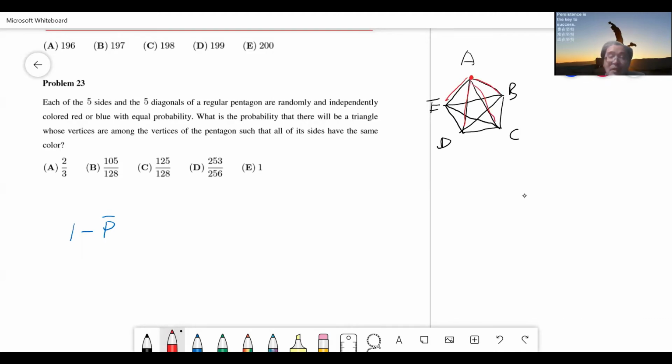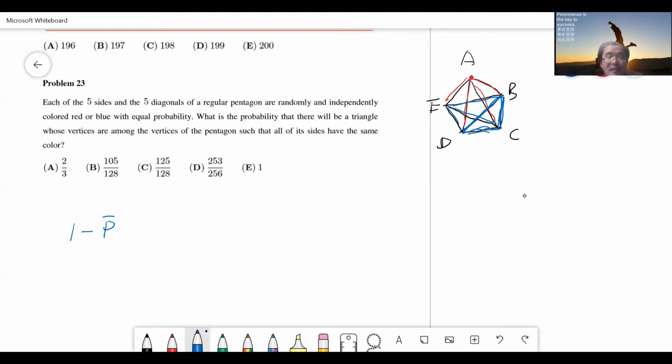If we do so, then this must be blue, this must be blue, this must be blue, and this must be blue, right? Otherwise, we're going to have a triangle like this. So then this also must be blue, this also must be blue. So what do you find, right? In this way, we have at least one triangle with 3 blue sides.